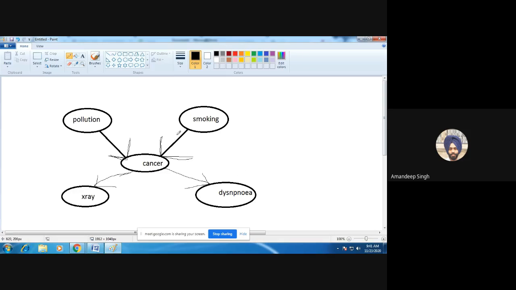From the first two nodes it is like this, and from this node the information is flowing like this.